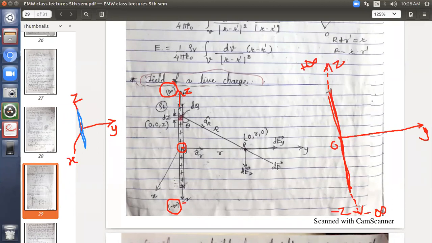A long thick wire, if you see inside the wire, just to show you the continuous distribution, I have marked here all positive signs, indicating charge distribution is uniform and it is very compact. The distance between the charges is very small compared to the length of the wire.